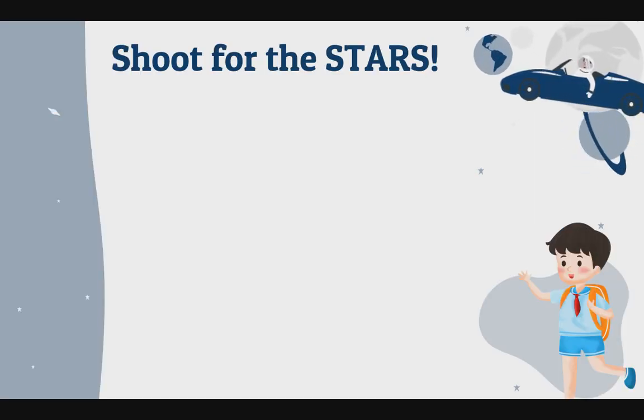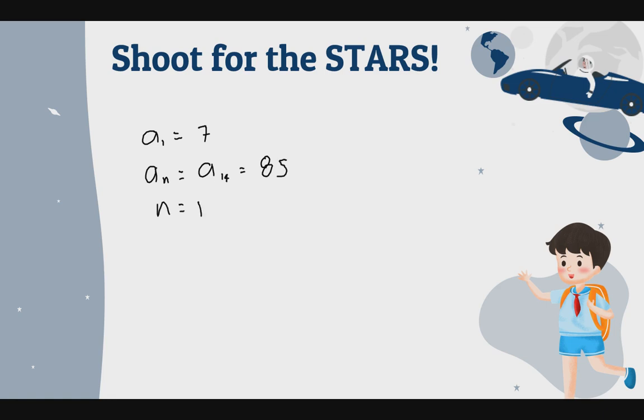So from our first problem, the first term, our a sub 1, is, very good, 7. Our a sub n, which is the last term, which is also equal to a sub 14, is equal to, very good, 85. So our n will be equal to 14.